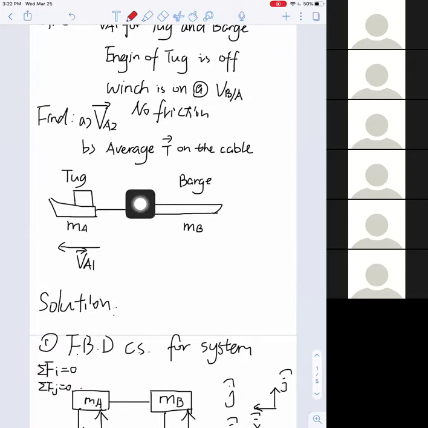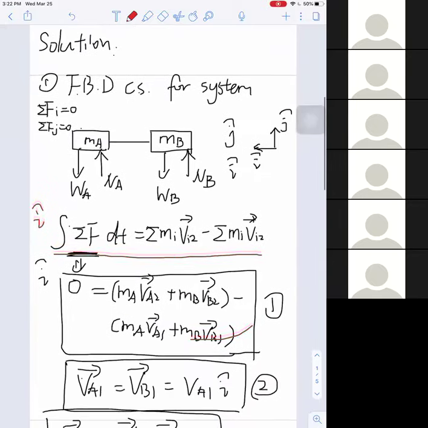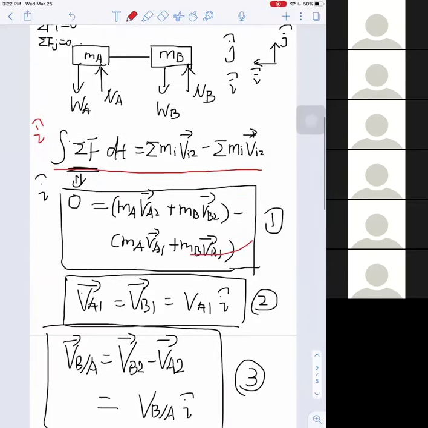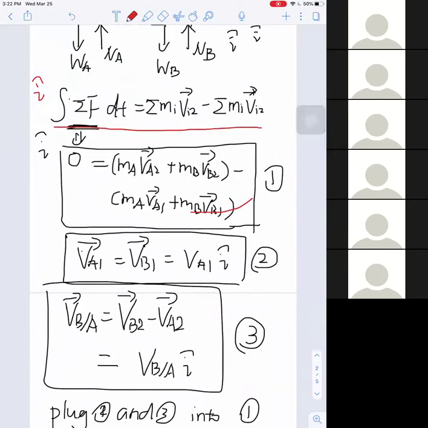So the winch on the tug is pulling the barge close to the tug, right? At this speed. And what we learned from the first three chapters is that this is a relative speed. vB/A can be written as vB minus vA, right? So that's how we get these first three equations.